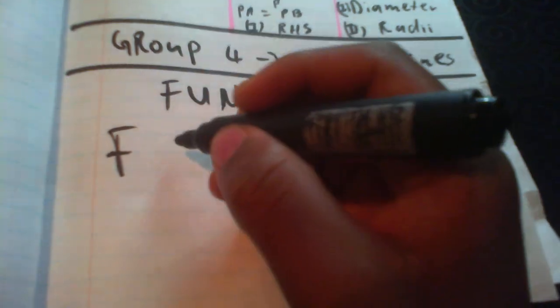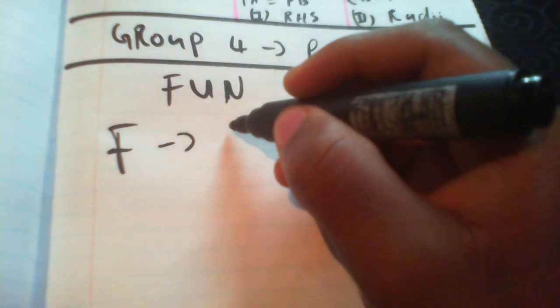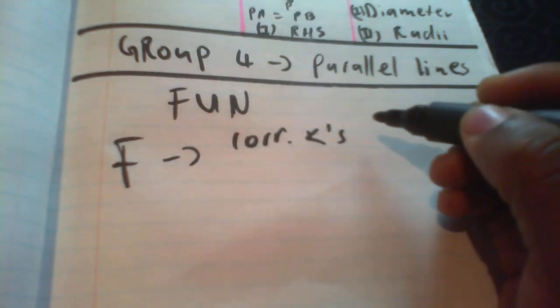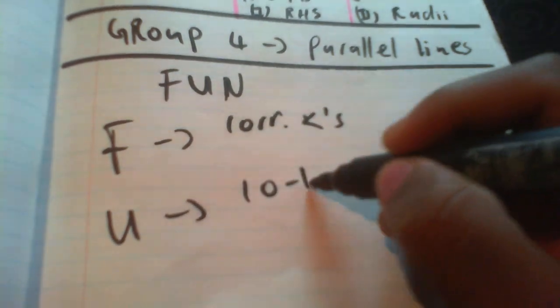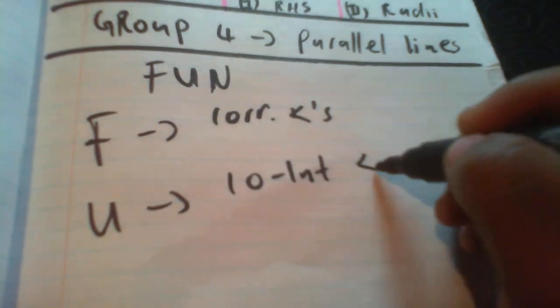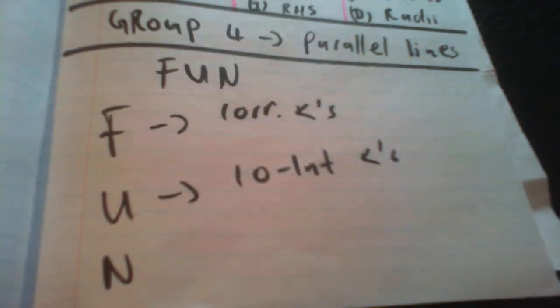And a lot of people use this concept of FUN to try and remember these parallel lines. So now the F will obviously indicate the corresponding angles, and the U would indicate co-interior angles. And the N, sometimes you see it as a Z.